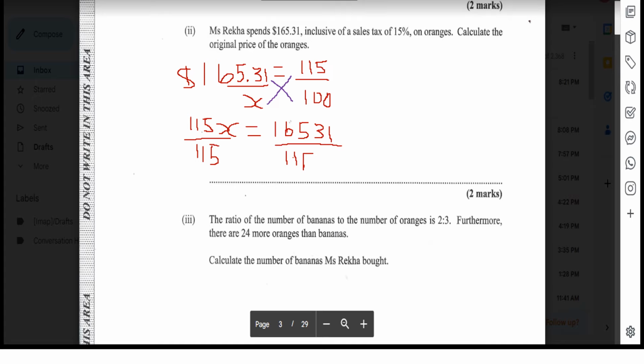So that x would be equal to, let's cancel these first, so that 16531 divided by 115 would give us an answer of, let's put the $, $143.74.